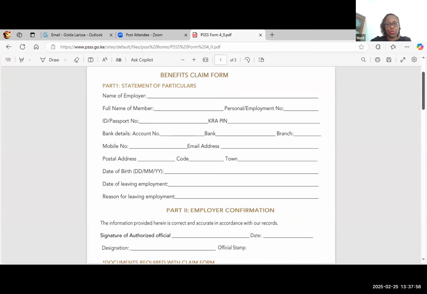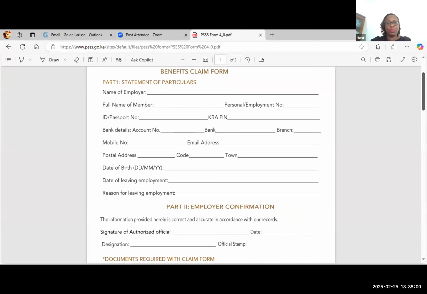You again need to tell us who you are because we need to know who is this person who's leaving service, who was the employer, what are your bank details, because at this point we would like to make a payment to you. So you make sure you give us your full bank details, but in addition to writing it out, we would also like to see a copy of your bank card just in case there are any mistakes that you made when you are writing these out.